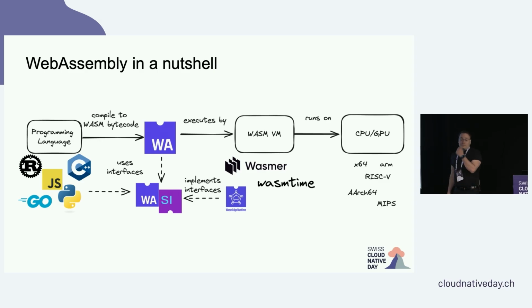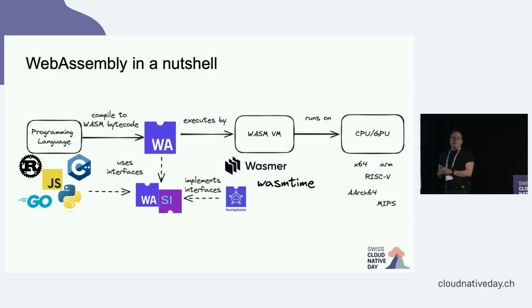More languages are getting better support for WebAssembly as a compile target, but if you compile to WebAssembly, it's completely self-contained. It's in the sandbox, you can't do anything. So what you need are interfaces to the outside world. And that's exactly what WASI, the Wasm system interface, provides you.